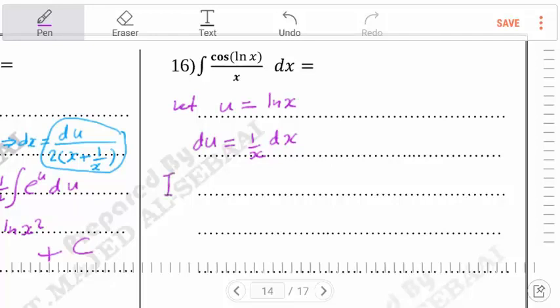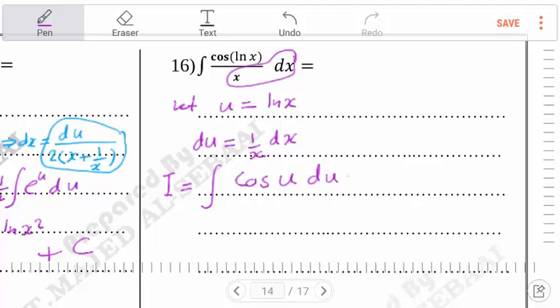So the integration I equals integral of cosine u, and as you can see, dx and 1 over x is du. Right? Is it clear for you?